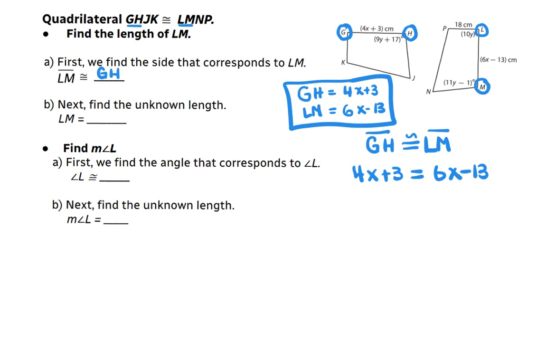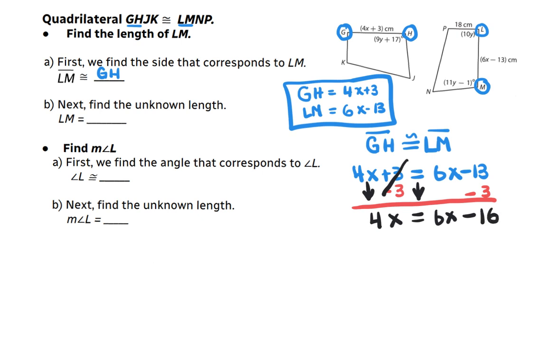So you want to pause here to see if you can solve for it before we move on. Okay, now that you've tried it, what you want to do is solve for x. So we're going to move our 3 by using the inverse operation of plus. We're left with 4x is equal to 6x minus 16.